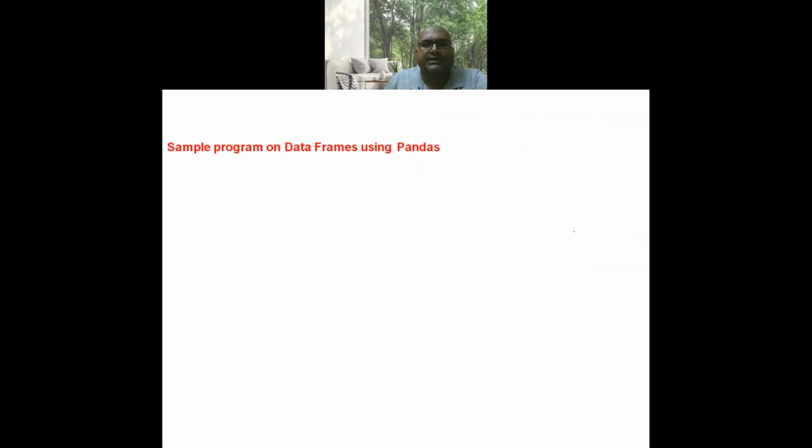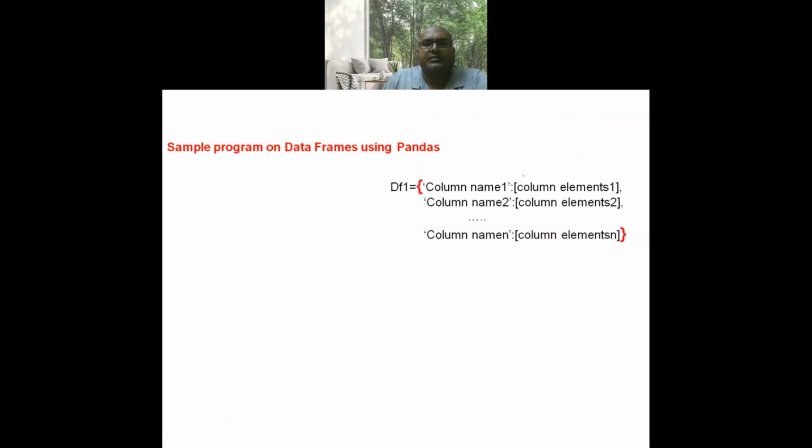Now a sample program on data frames using Pandas. Here you are supposed to follow the syntax: import the library, import pandas as pd, and then you can create a data frame with different column names: column name 1, column name 2, and so on up to column name n.